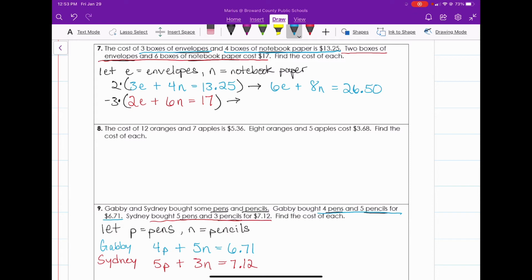And for the second equation, that second equation is now going to become -6e minus 18n is equal to -51. Okay. Now that we've achieved that part, we know we can go ahead and eliminate our e's, okay, by adding.